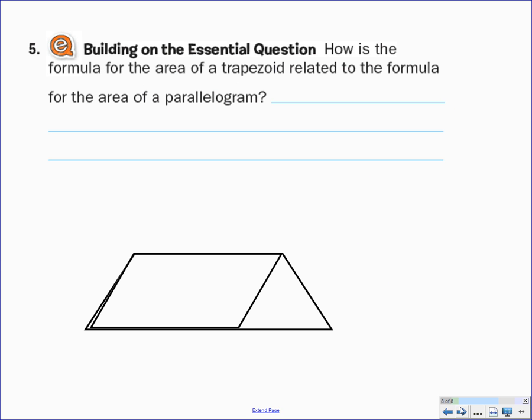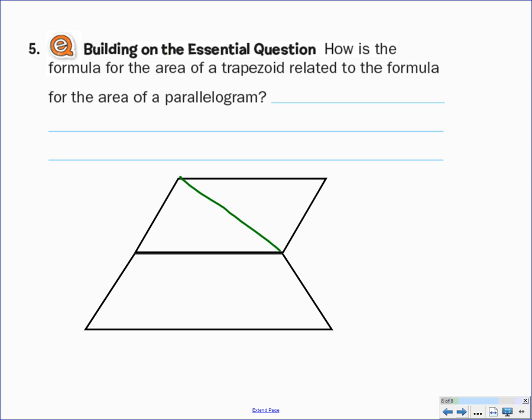Last one. How is a trapezoid related to a parallelogram? Well, look. Parallelogram is just like a trapezoid, except it's only 2 triangles, right? Whereas the trapezoid is 3 triangles or 2 bigger triangles. How is it different?